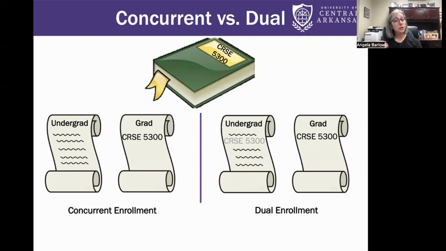The other thing that's figuring into these conversations is that these enrollment statuses of concurrent and dual were never intended to support a student in finishing a master's program early. They're about kickstarting the graduate experience rather than trying to shorten the time to receiving a graduate degree.